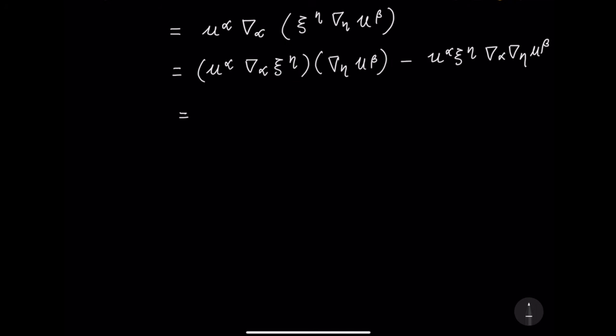Now here again I can use the same identity and change the first term in the bracket as xi alpha and then del alpha u alpha.